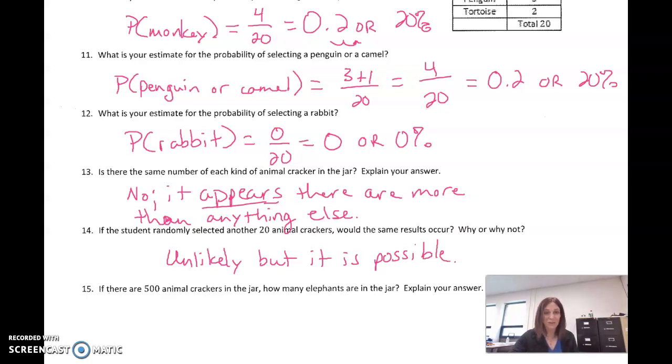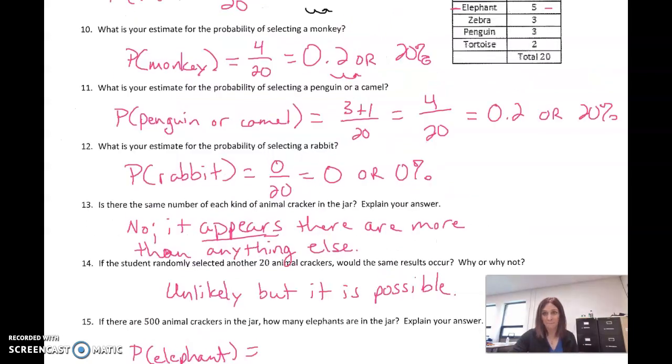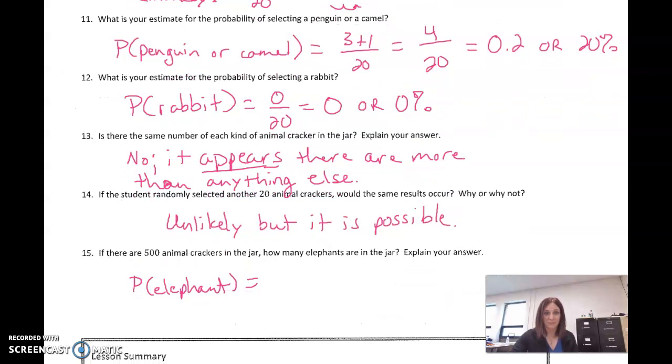So if there are 500 animal crackers in the jar, how many are elephants? Well, first of all, find the probability of its being an elephant. So the probability of an elephant is 5 out of 20, which as a decimal is 0.25.